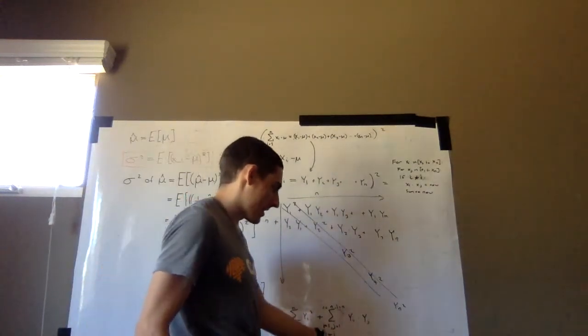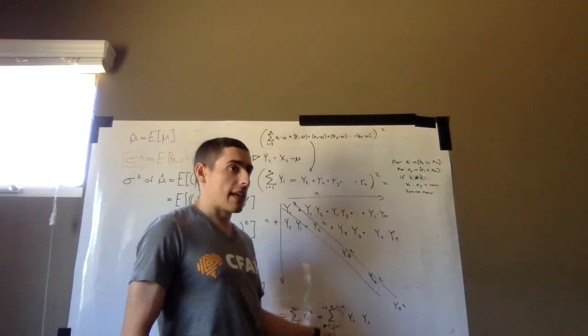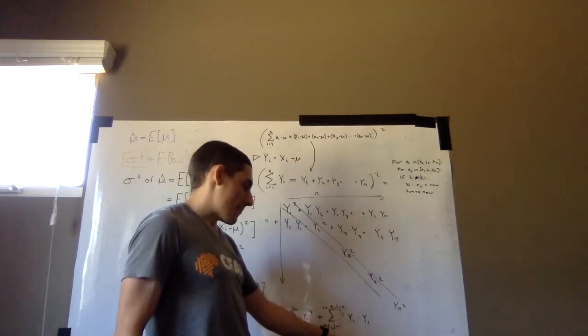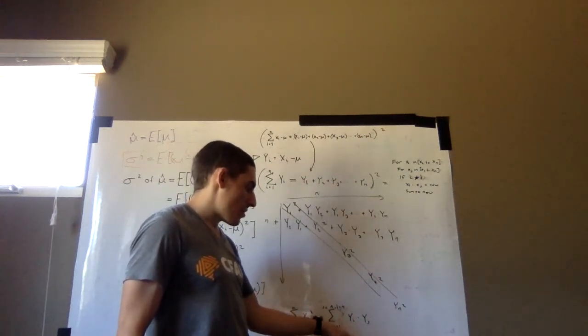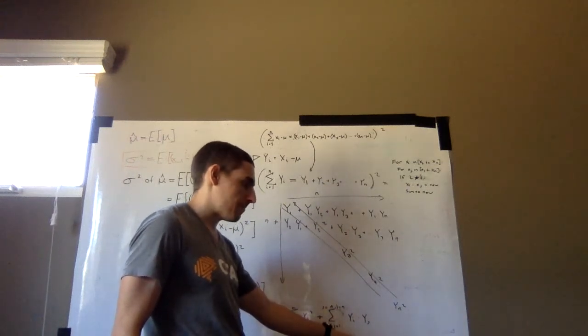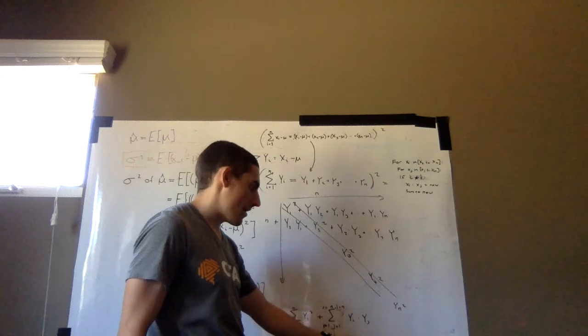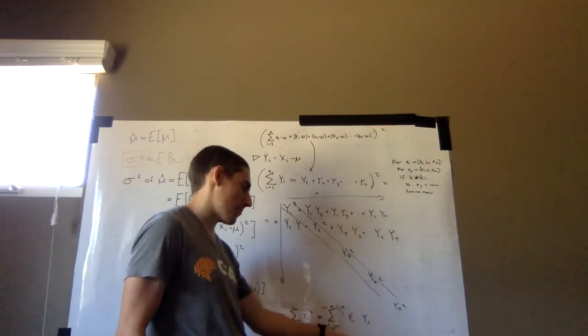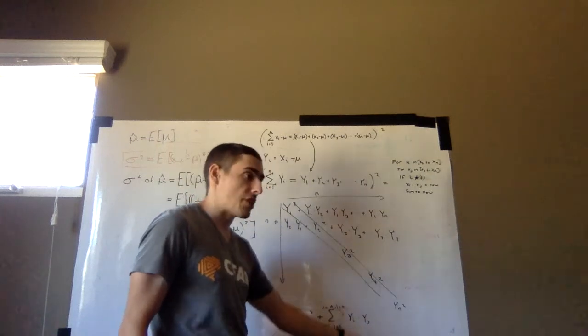Another way to think about this is it's possible for xi to be slightly bigger than mu, in which case this term will be slightly positive, or it could be slightly smaller than mu, in which case this term will be slightly negative. And the same is true of this term.